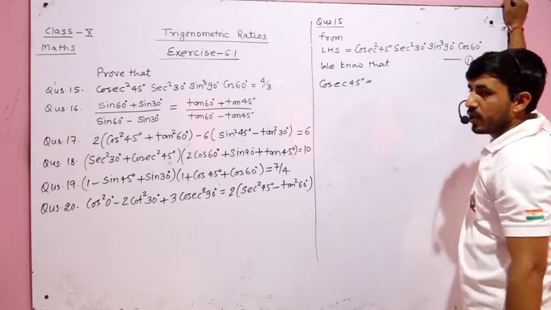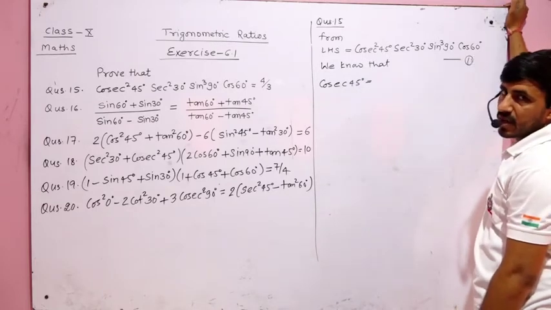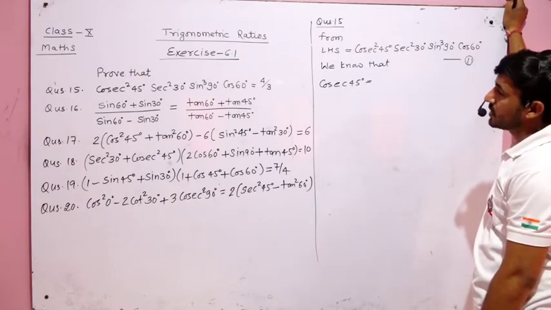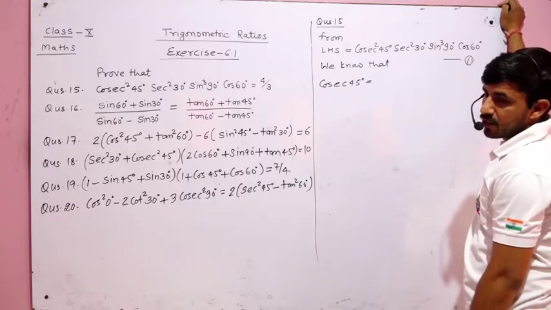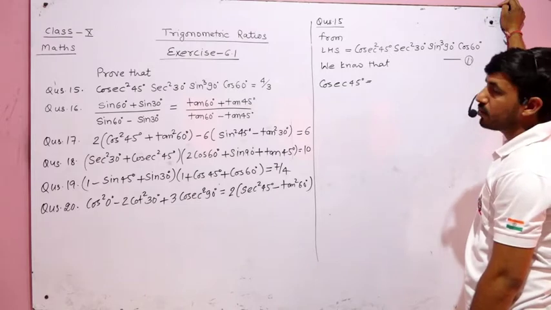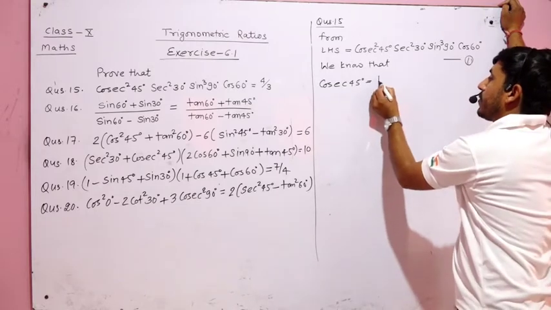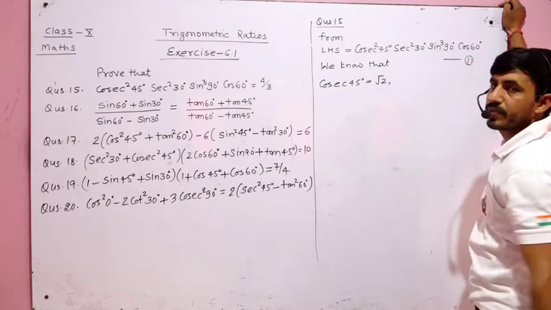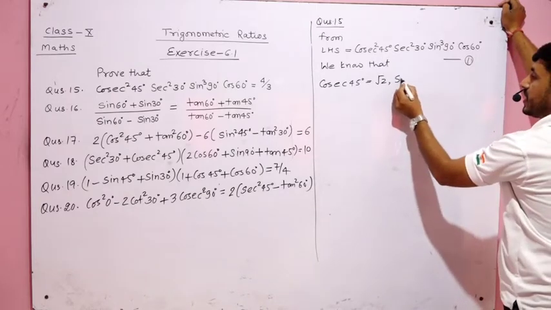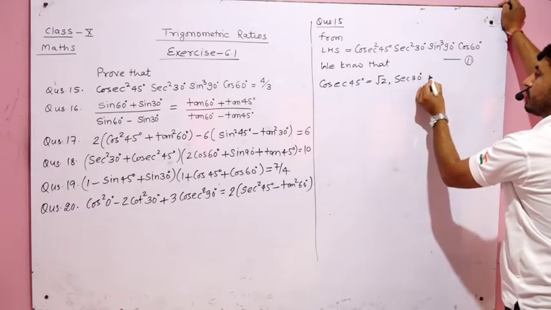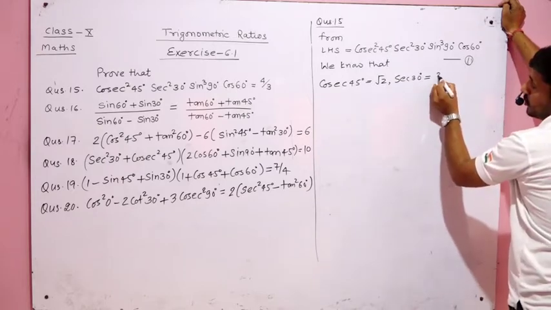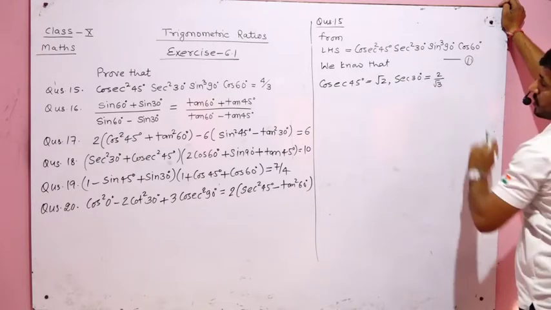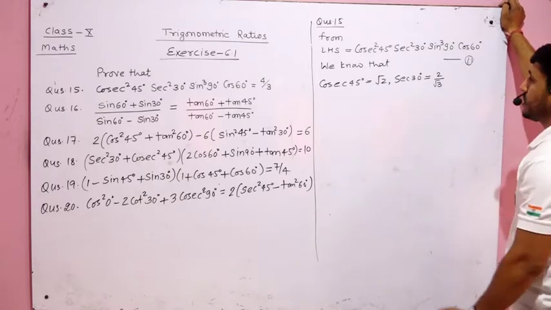As we know, cosec 45 degree is the reciprocal of sin 45 degree, and the value of sin 45 degree is equal to 1 by root 2. That's why cosec 45 is equal to root 2. Again we need sec 30 degree. What is the value of sec 30 degree? That is given as 2 upon root 3, the reciprocal of cos 30 degree.